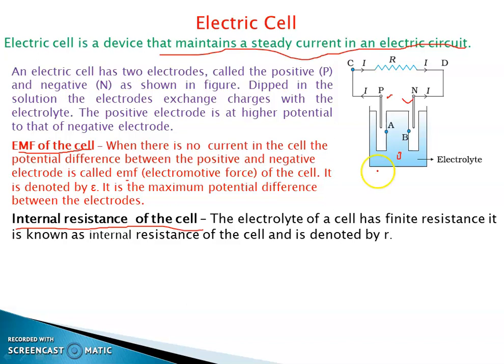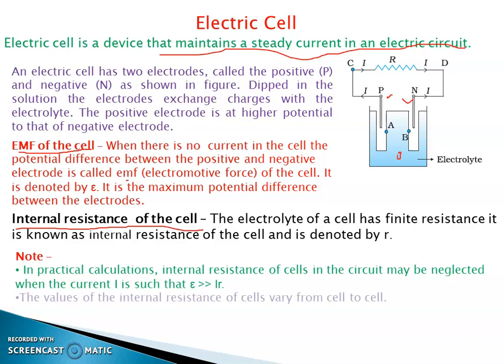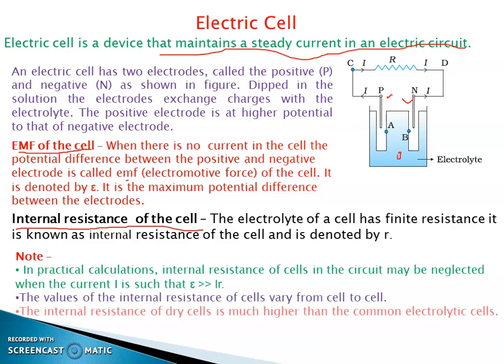That hindrance is called the internal resistance of the cell. The electrolyte of a cell has finite resistance. It is known as the internal resistance of the cell, and moreover it is an inherent property of the cell, right? So we can say that the value of internal resistance varies from cell to cell. For a new cell or new electrolyte, the internal resistance is very small, right?